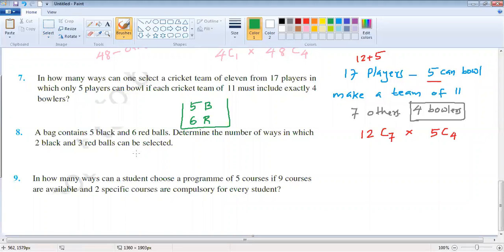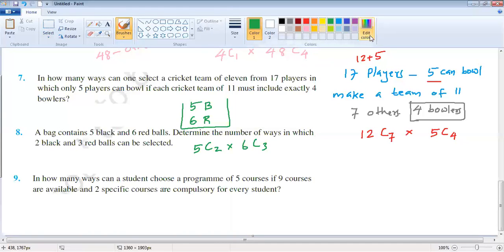Determine the number of ways in which 2 black and 3 red balls should be selected. So obviously 2 black can be selected in 5C2 ways. 3 red balls can be selected in 6C3 ways. Both together can be selected in 5C2 into 6C3 ways.